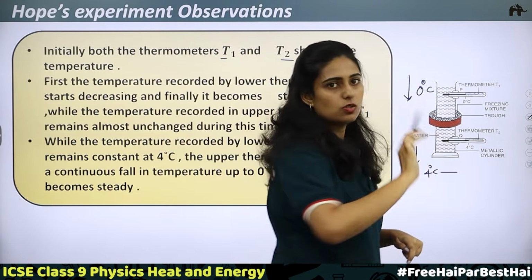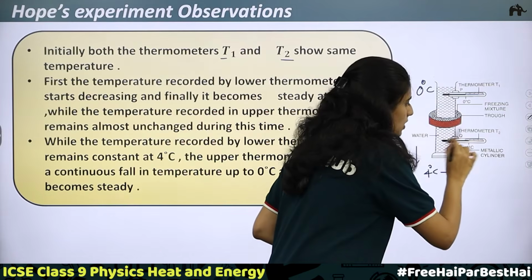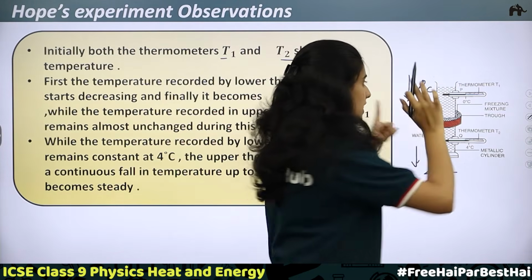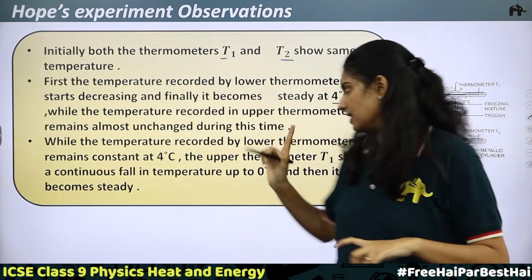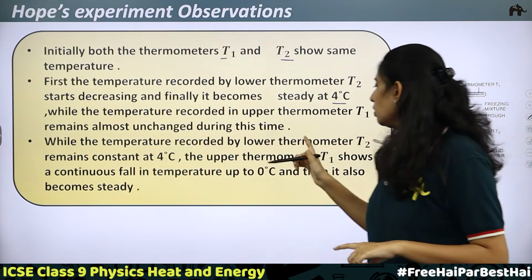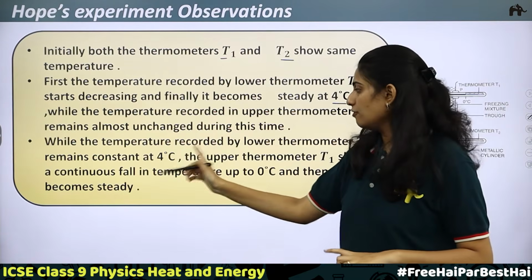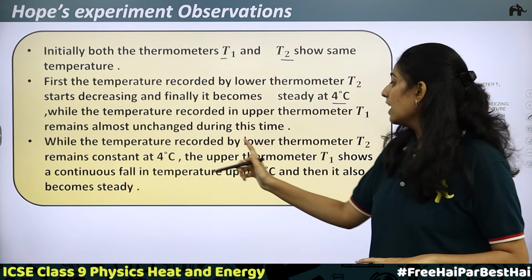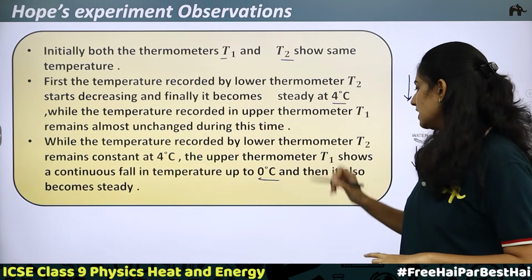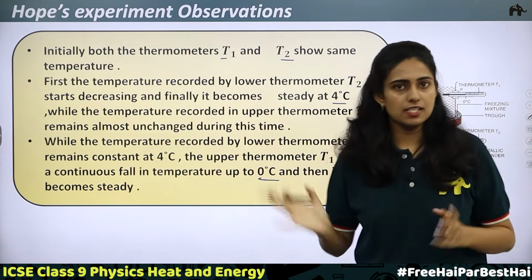During this range, there is no change in the temperature shown in thermometer T2. While T2 remains constant at 4 degrees Celsius, the upper thermometer T1 shows a continuous fall in temperature up to 0 degrees Celsius and then it also becomes steady.